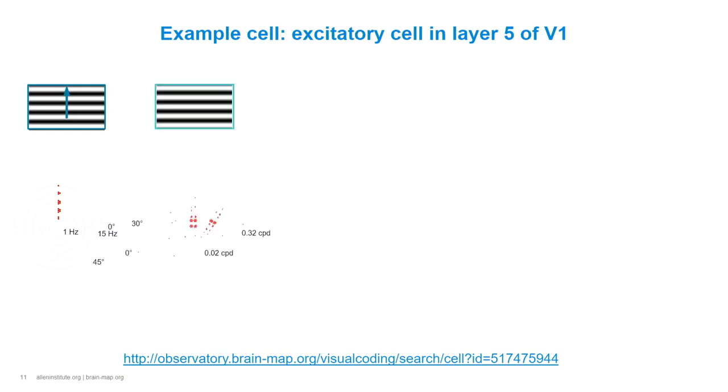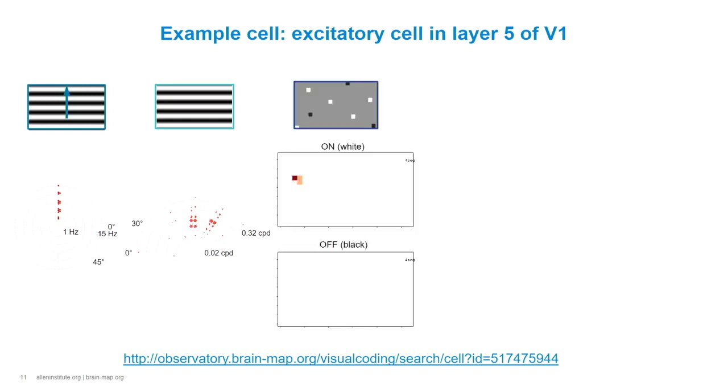In response to our flashed static gratings, again, these are flashed at different orientations, at different spatial frequencies, different widths of the bars. And again, we see that this cell responds to the horizontal bars at intermediate widths, not too broad, not too fine.